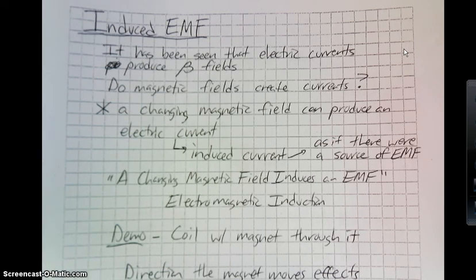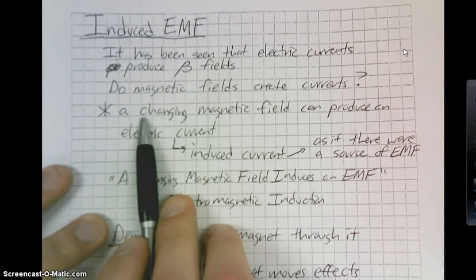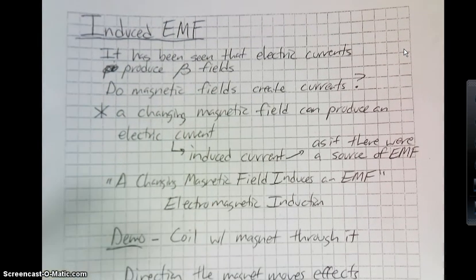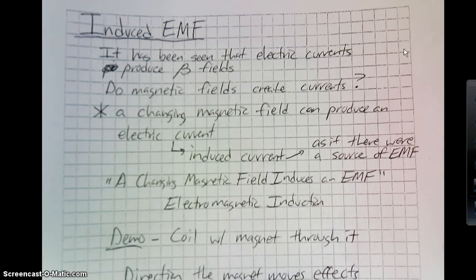Well, it turns out that if you take a magnetic field, like a magnet, and you move it through something, so you see this sentence right here, it says a changing magnetic field. If you move that magnet, if you change the magnetic field through something, you can actually produce an electric current. It's usually done through, say, a coil of wire.